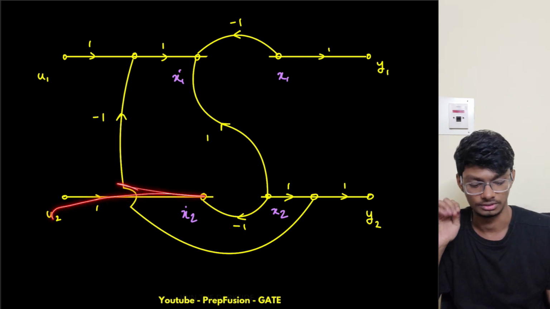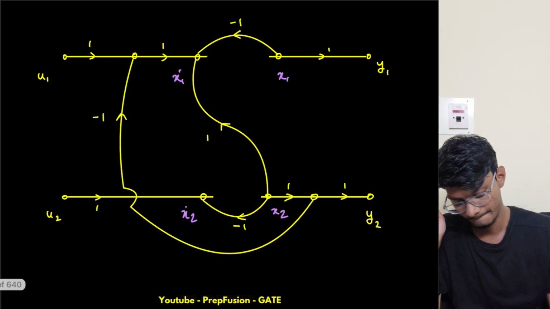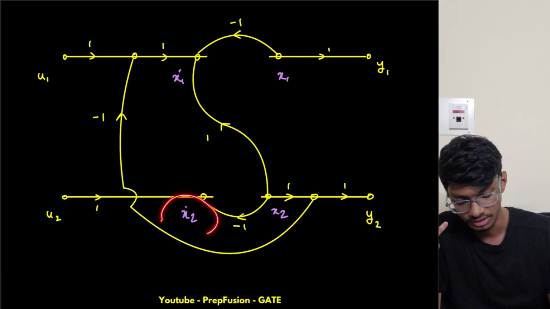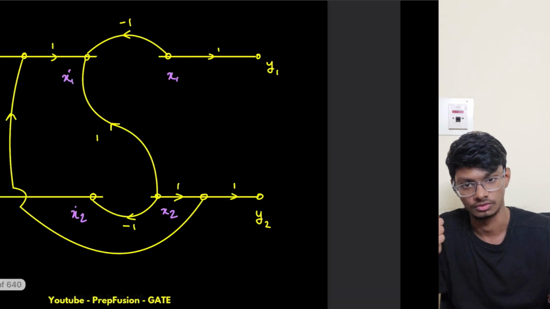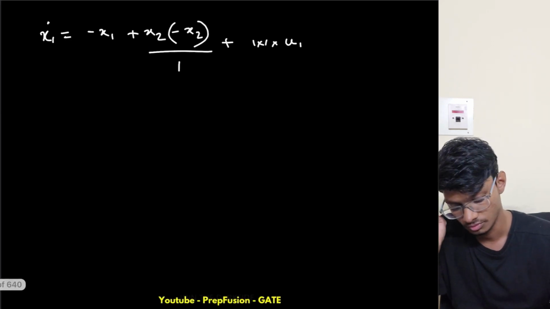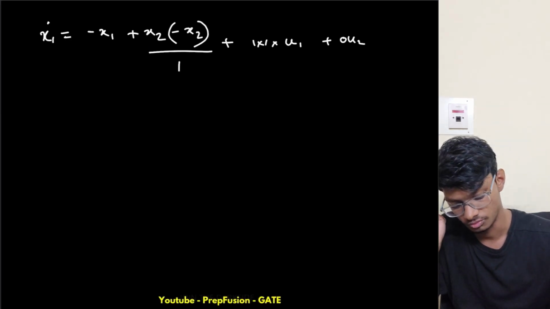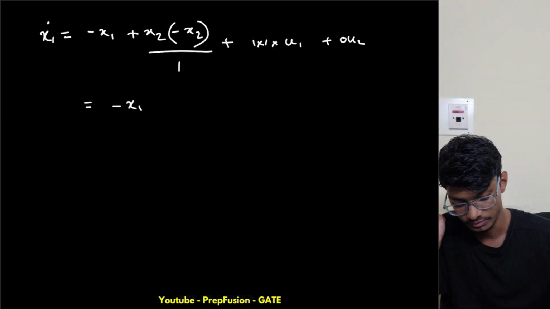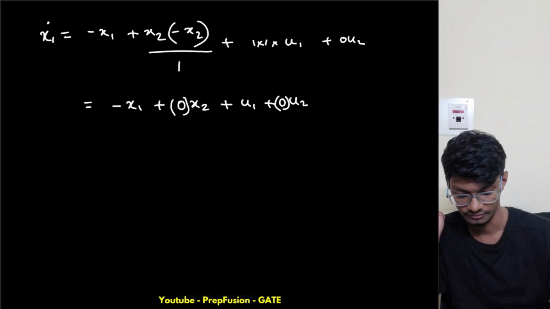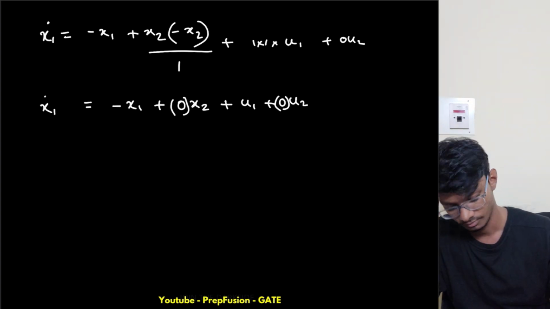So only this is the forward path, but this is only connecting x2 dot, and I am not able to reach x1 dot. So it is 0 times u2. So what is the final expression? It is x1 plus 0 times x2, plus u1 plus 0 times u2. So this is my final expression basically.